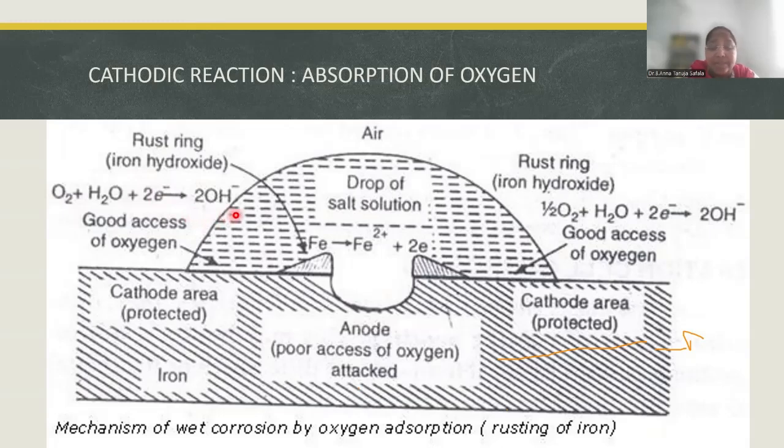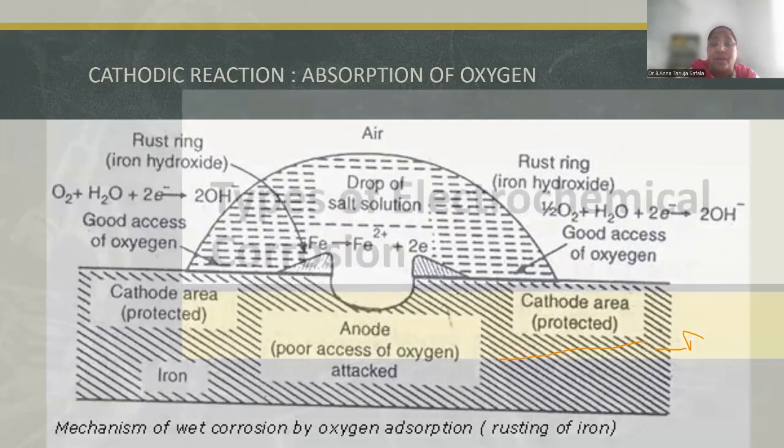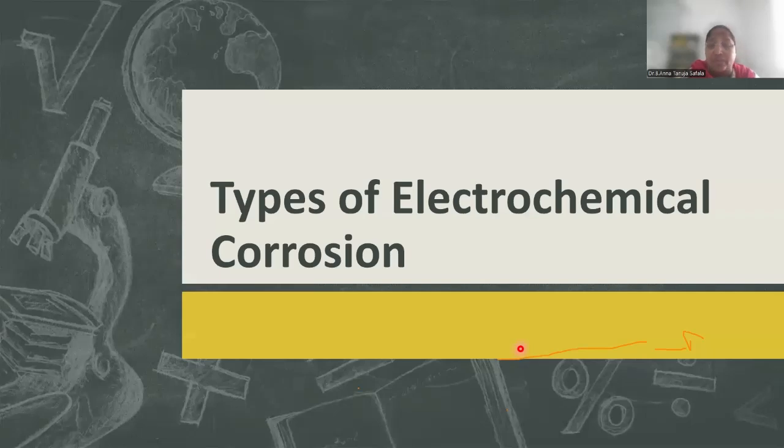But the mechanism does not stop there. The formed hydroxide ions readily interact with ferrous ions and form ferrous hydroxide. With that, the reaction still does not stop. Ferrous hydroxide in turn interacts with water, and at last leads to the formation of rust.